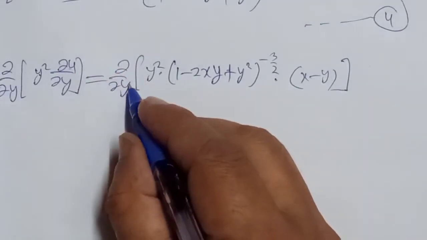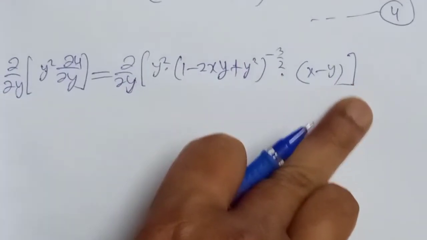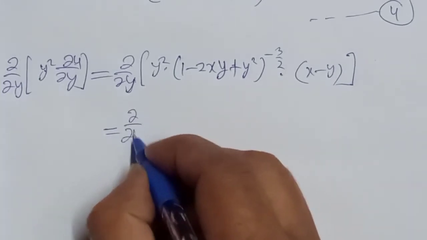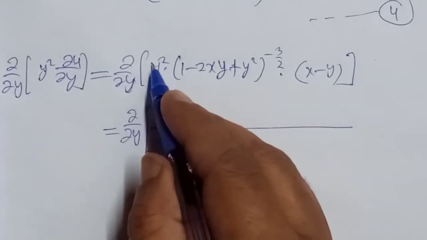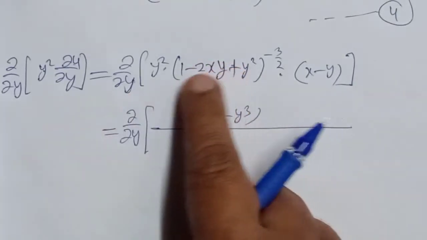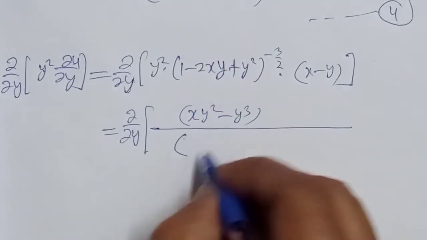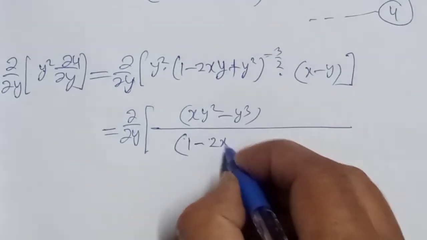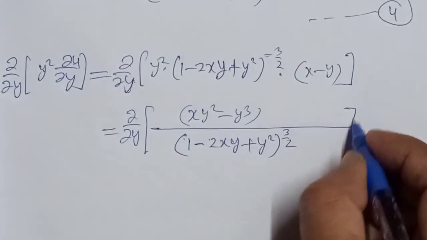We have to differentiate this value. There are 3 functions, so we can write it as: multiply y square into these two terms, we get xy square minus y cube, and take it to the denominator, and then the sign of the power changes. 1 minus 2xy plus y square, this power becomes 3/2, positive from negative.